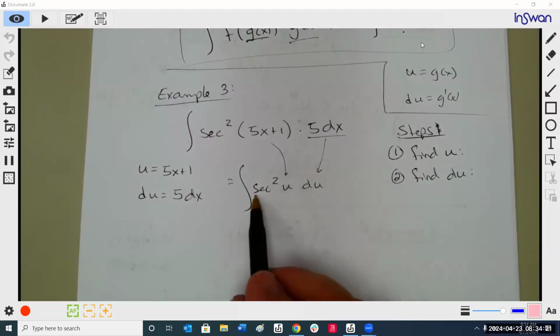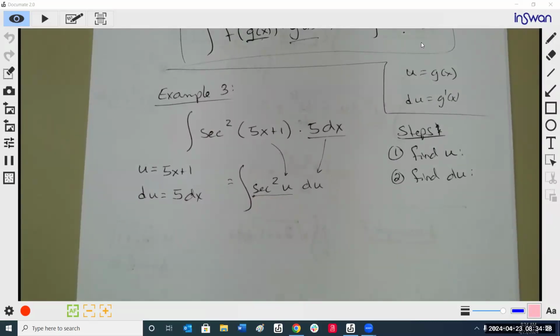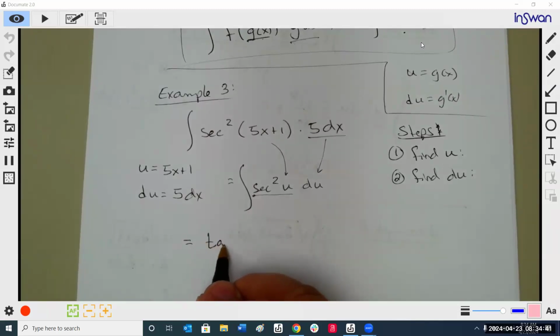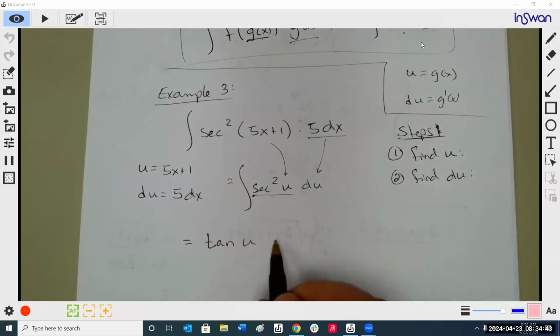Now all we have to do is look at our cheat sheets or charts and see what's the integral of secant squared. Yeah, tangent of u plus c.